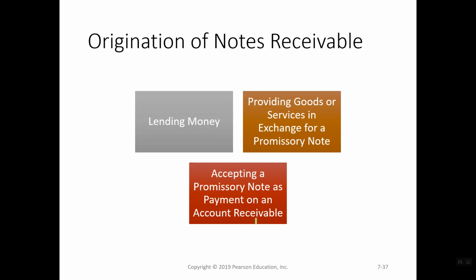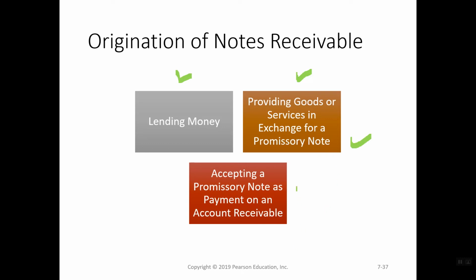Now, you would use a note receivable in 3 specific instances. You can use it for lending money, or as a way of providing goods and services. In other words, I sell you my computers, and instead of cash or accounts receivable, we do a promissory note, a note receivable.